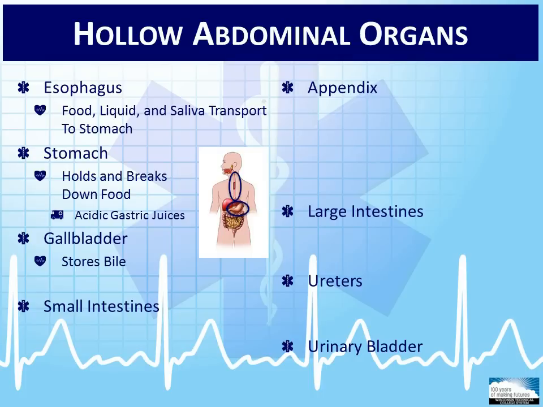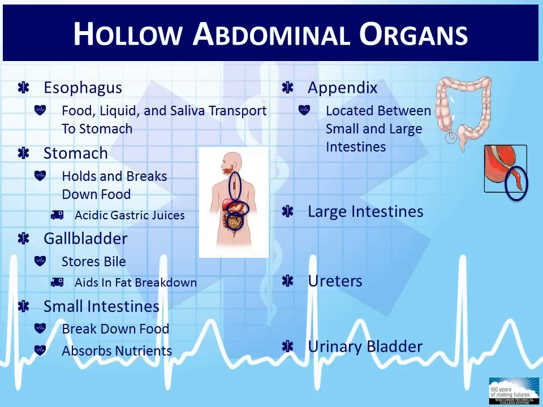The gallbladder stores bile, which aids in the breakdown of fats. The small intestines continue the work started in the stomach by further breaking down food while also absorbing nutrients. The appendix is located between the small and large intestine. While its function is not well understood, you will see later how problematic an appendix-related emergency can be for a patient.